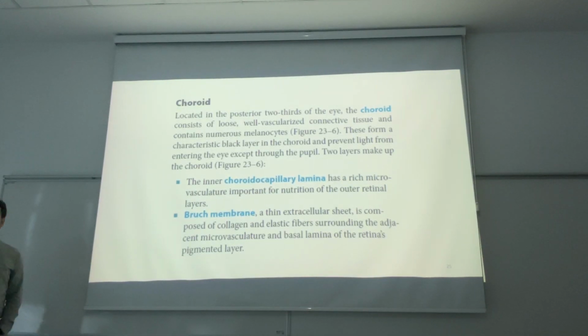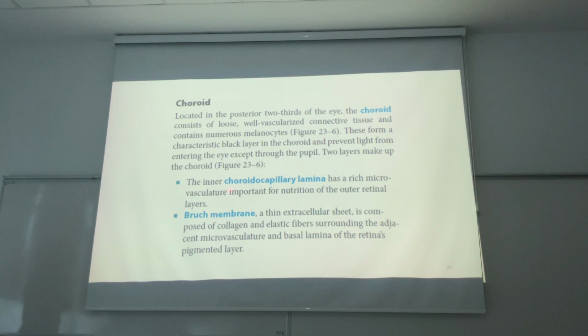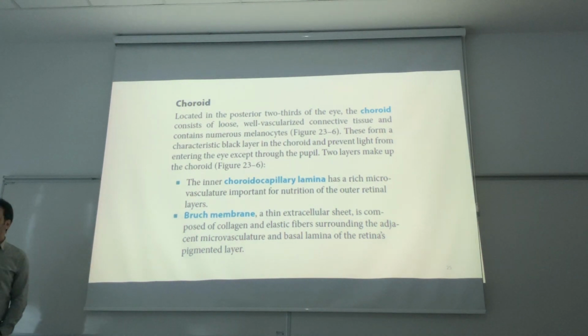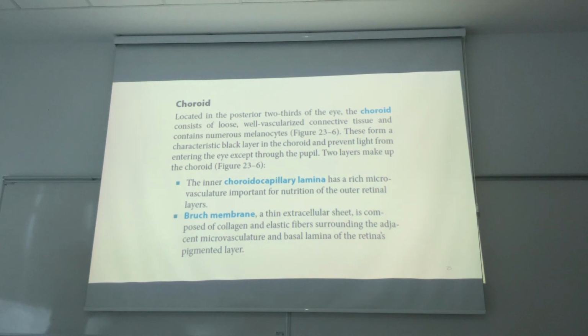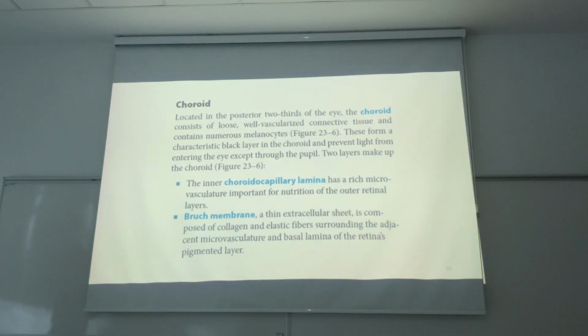The choroid itself has a posterior area known as the choroidocapillary lamina. In this choroidocapillary lamina, we have a high amount of blood vessels, which have a role in nourishment of the distal parts of the retina and also the retinal pigment epithelium.